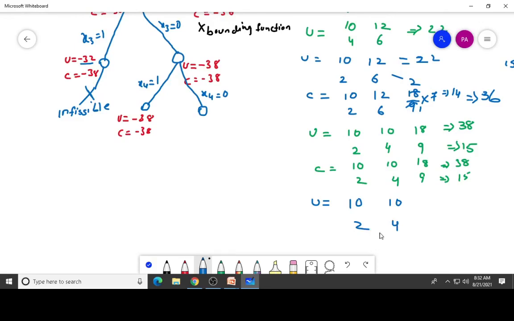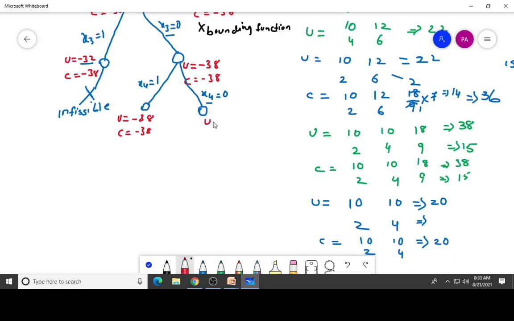So what is the answer you are going to get here? It is 20. The weight is 6, but we cannot add any more items because we are removing the fourth as well as the third. C is equal to 10, 10, this is 2 and this is 4, and here also you are going to get 20.